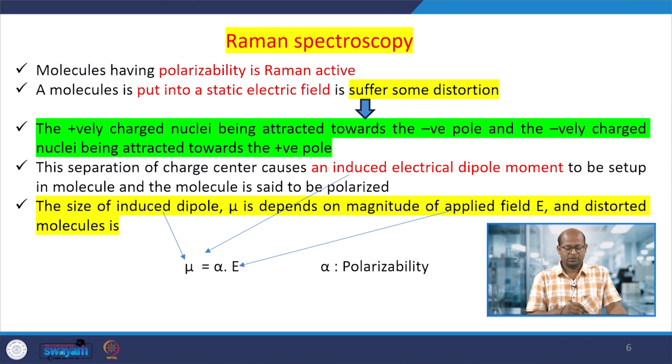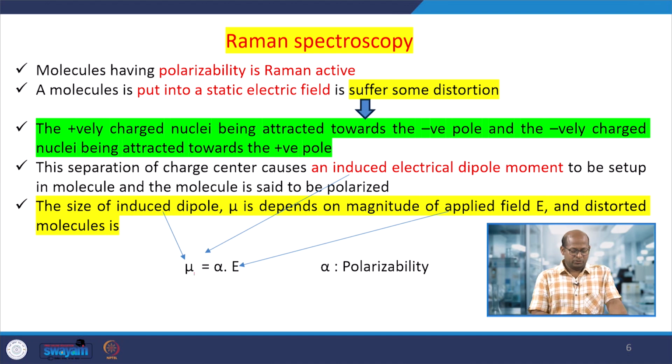In the case of IR, there is a change in dipole moment in the molecule when electromagnetic radiation interacts with it, but in the case of Raman there is no permanent dipole moment change; rather the induced dipole changes when the electromagnetic field interacts with the molecule.